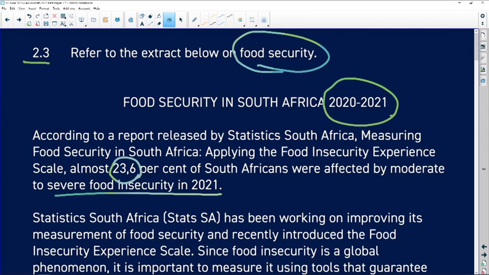23.6. Now, if you can remember correctly, what happened during 2020 and 2021? We experienced the pandemic, the coronavirus. Obviously, it had a massive impact on food security in South Africa. You can remember that harsh lockdown that we had. Just imagine that, right? We would not be able to sell, import, export any food. People were not allowed to work.